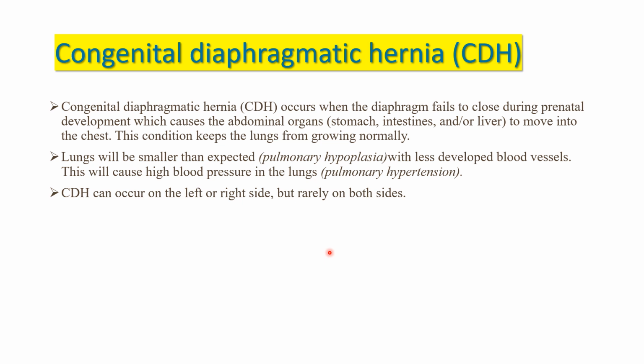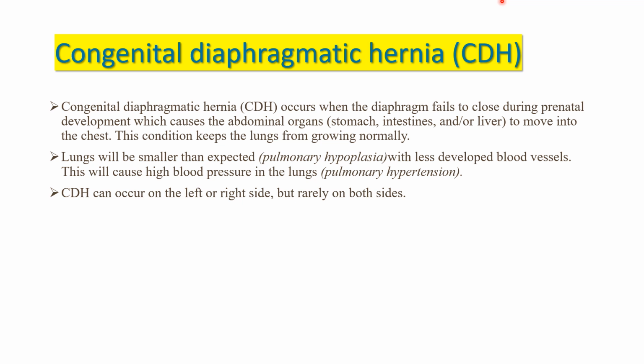The key clinical features of CDH are underdevelopment of the lungs, in other words, pulmonary hypoplasia, and abnormal development of pulmonary vasculature, which basically causes primary pulmonary hypertension in the neonate.